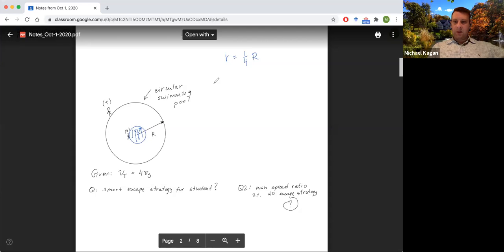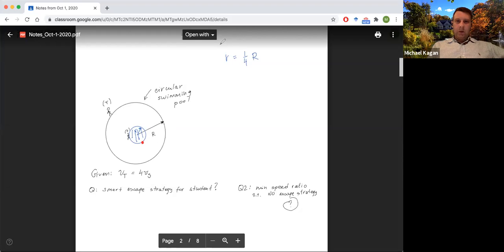Make sense? If the student goes outside of the circle, this is no longer true because the angular speed of the teacher becomes faster than the student's. So you may not claim that the student can always be on the opposite side. But for the borderline, yes.